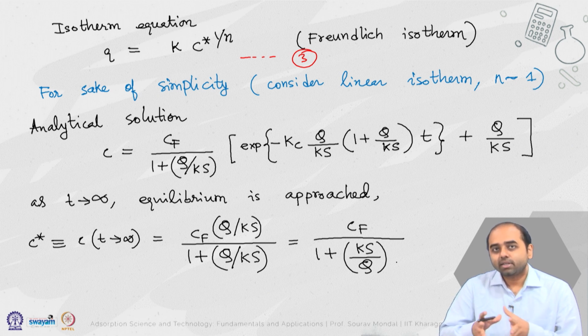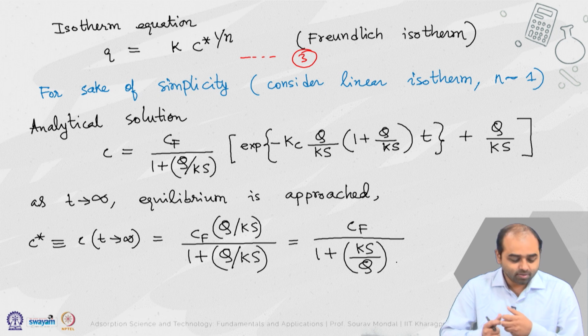So, this is the analytical solution for the simplified scenario when n is equal to 1. Of course, you can also work out other scenarios where the isotherm is represented by Langmuir type or the classical Freundlich type. Maybe analytical expressions are slightly complicated to obtain in that scenario.